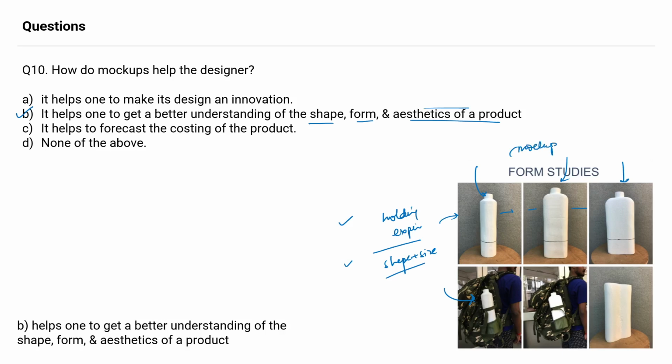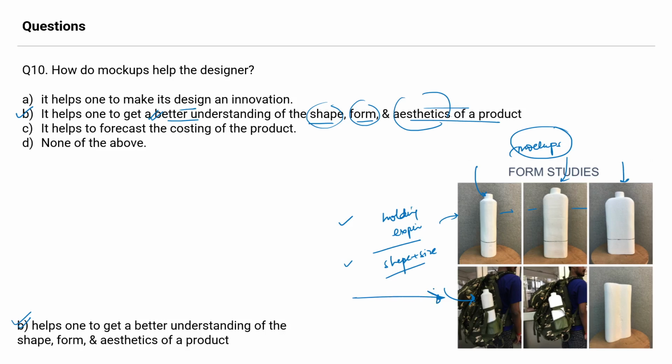Okay, so it's not working, it is just imitating or mimicking how the product might look in a solid form. So it is basically helping you gain insights into its usage, into its shape and size and forms, and helps you gain a better understanding. Okay, so the correct answer stands B, which is this one.